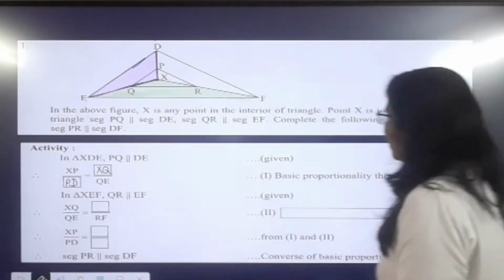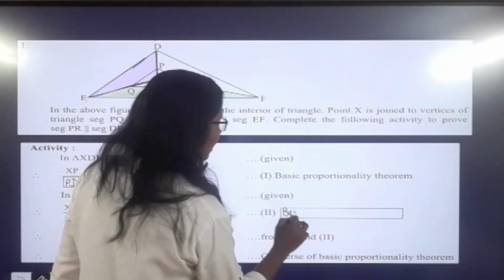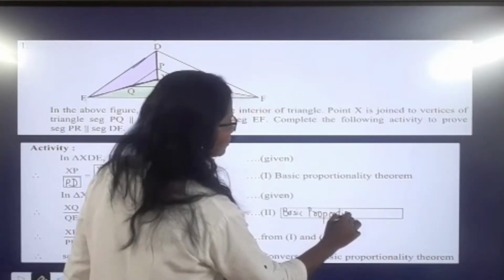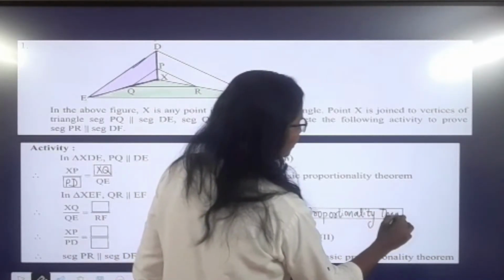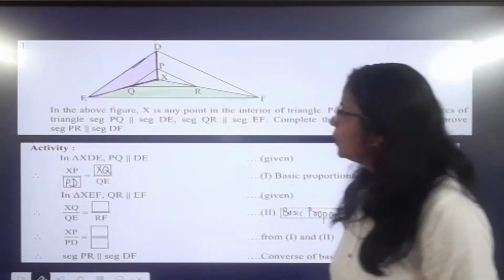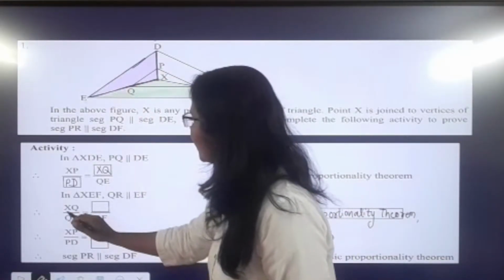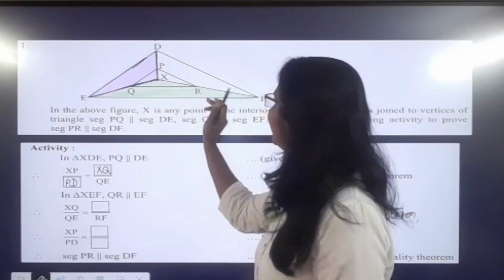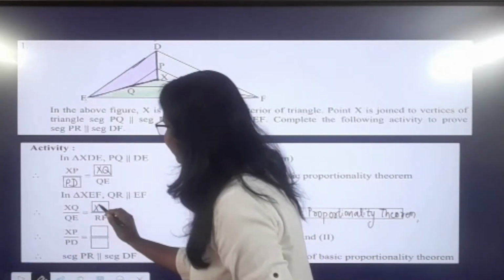So by using the basic proportionality theorem, we write in this box: basic proportionality theorem. Then we get the ratios of proportionality, that is XQ divided by QE, and XR divided by RF.